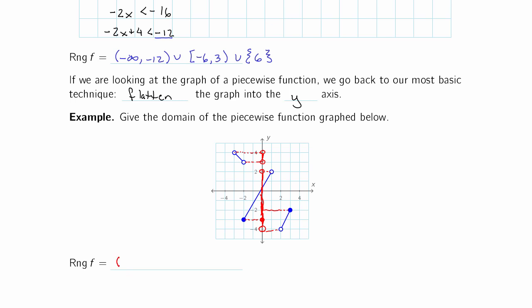So we have -4 up to 2, union with that second little piece, 3 up to 4. And there's our range. We found that exactly the same way we did the domain, but we had to know what to do when the pieces overlap. And what we do when the pieces overlap is just take everything in the overlap as well.